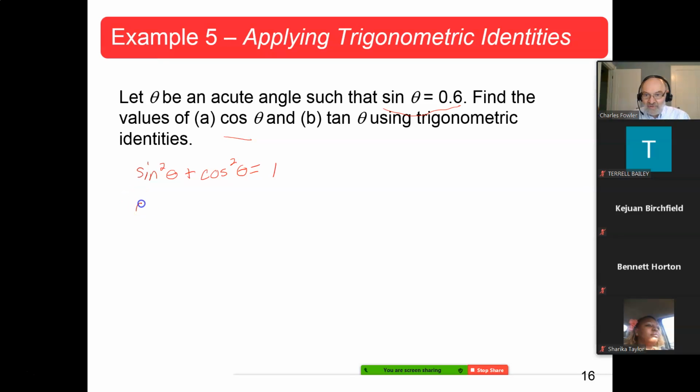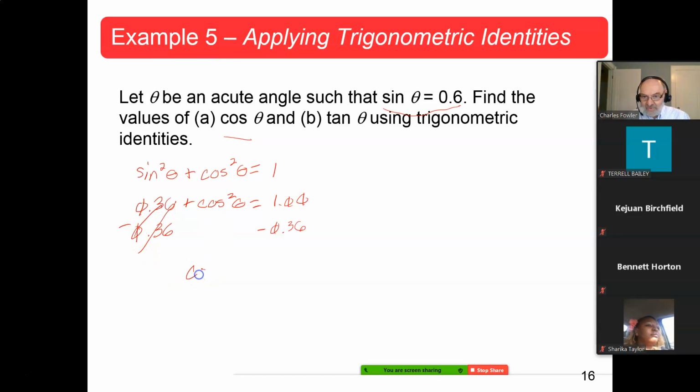When you square 0.6, you have 0.36 plus cosine squared theta. That's equal to 1. You know it is. Let's subtract 0.36 from both sides. So you can make this a 0.00 if you wanted to make the subtraction easier. This adds or subtracts to 0.